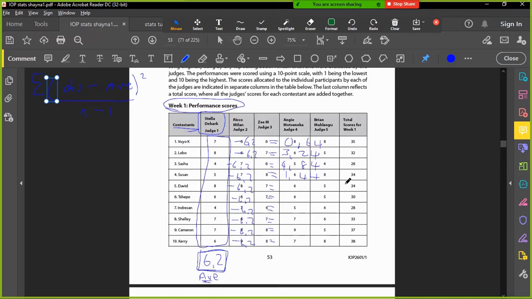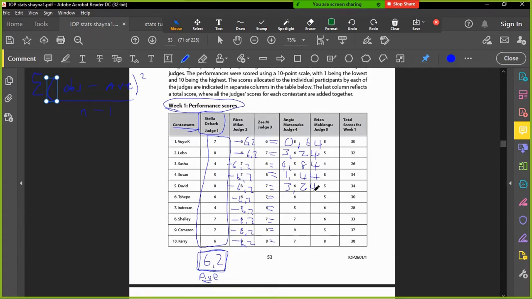I got negative 33.44. No, something's wrong there. I tried to do a shortcut on the calculator, but it didn't work. It's 1.44. Okay, I'm putting them up here. Just check them as I go. You should be getting the same answers.